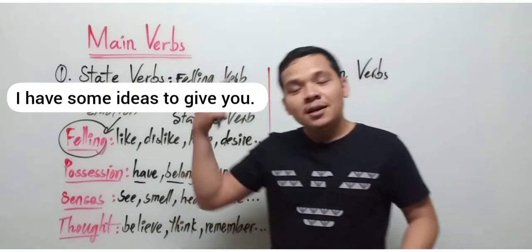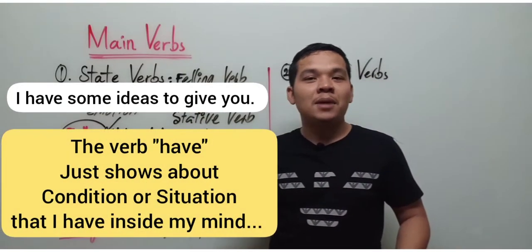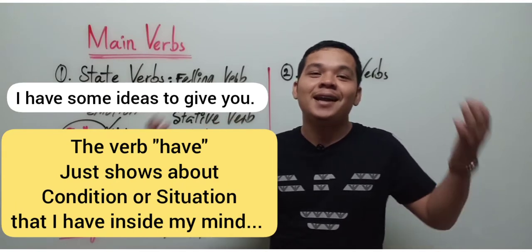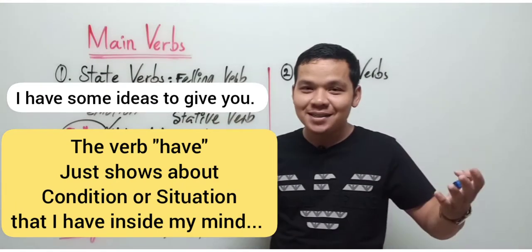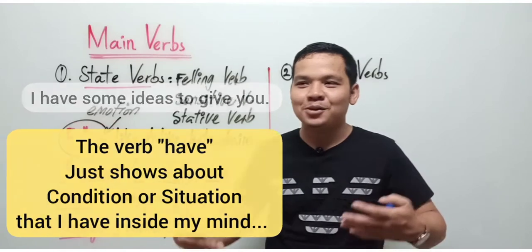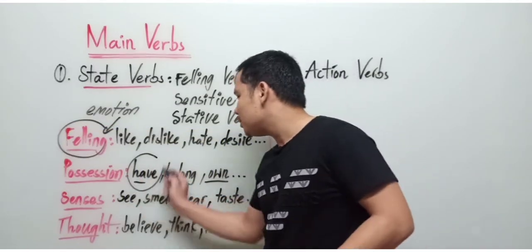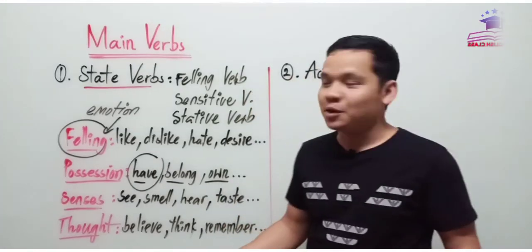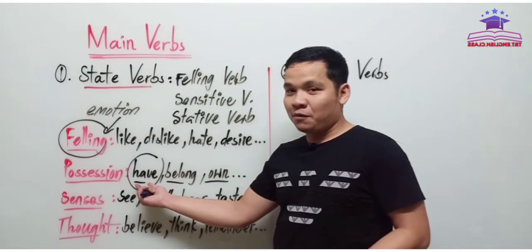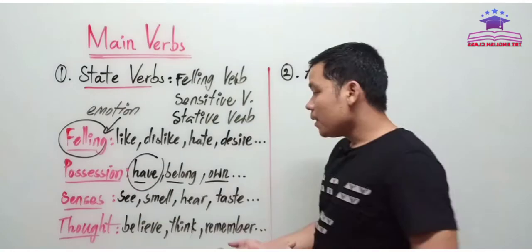So the verb have just shows a condition or situation that I have inside my mind, not outside, and the verb have doesn't show the action. However, this verb have is also an action verb. It's not only a state verb, it is also an action verb.